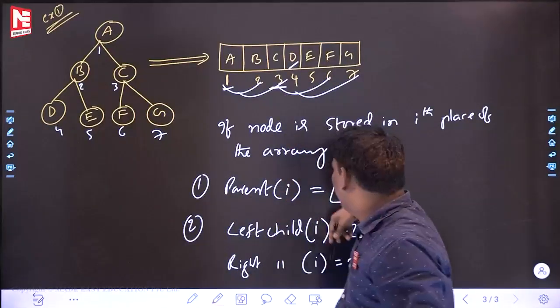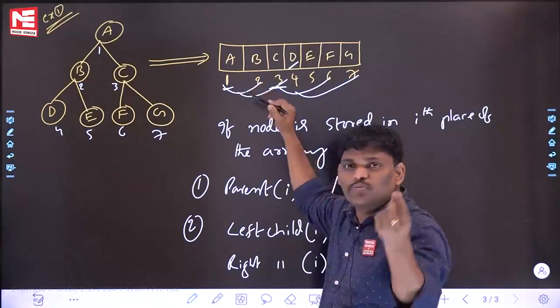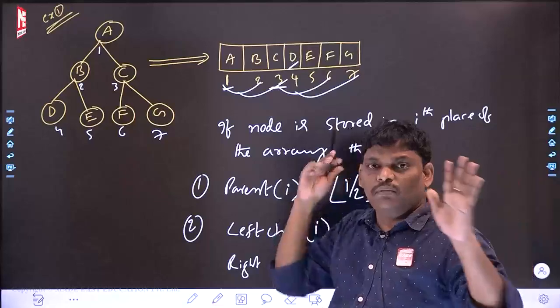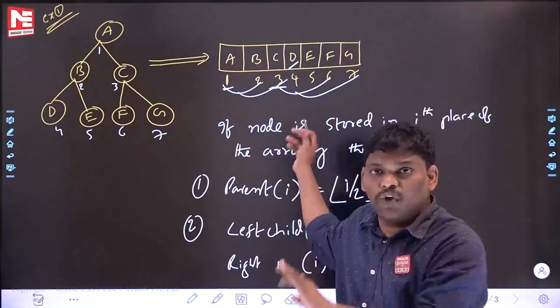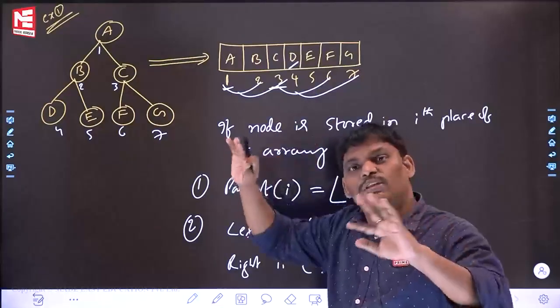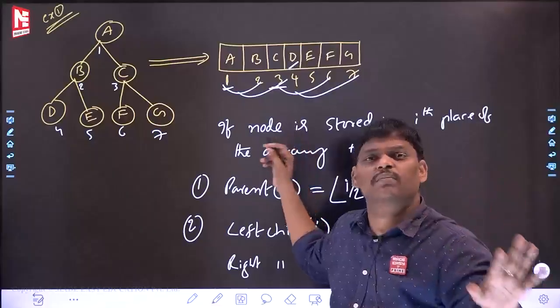The formula I wrote is starting from 1. If the array index is starting from 0, small changes are there, take care. That is the reason, don't memorize formulas, memorize the concept. Starting from 0, same thing, only minor changes.